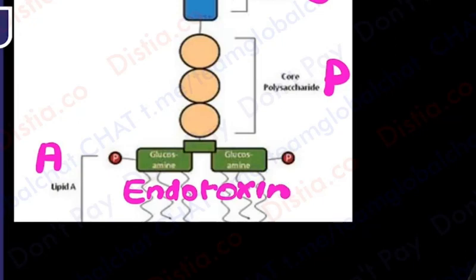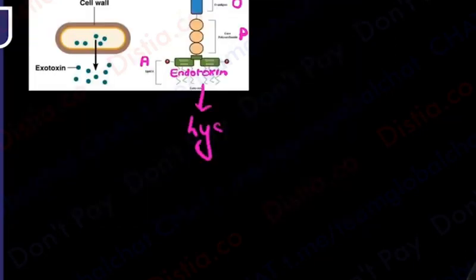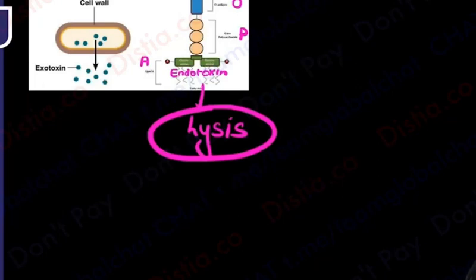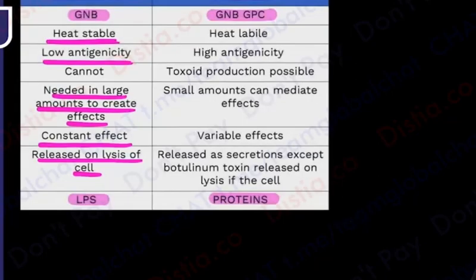For it to be released, there will have to be lysis of the cell. A little amount is not enough. I will need it in a good amount, large amounts so that I can create an effect, and whatever effect I create will be a constant effect. And why is it needed in large amounts? Because it has a very low antigenicity. But yes, it is heat stable.